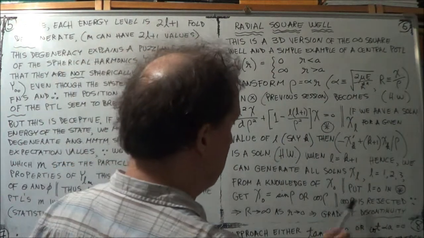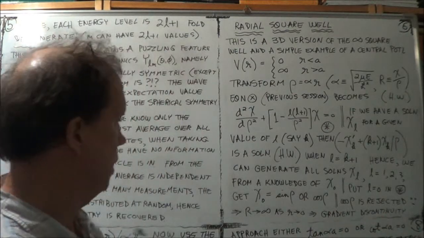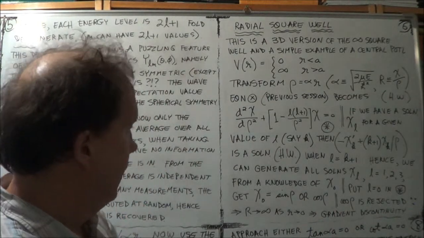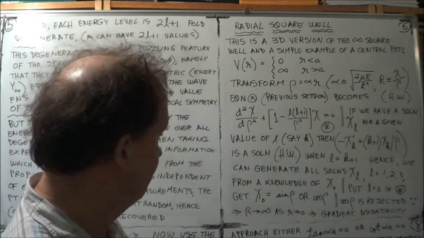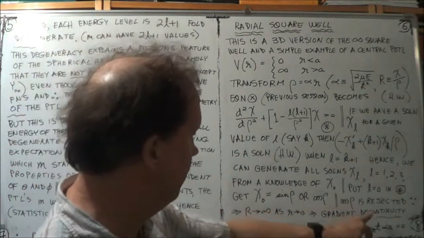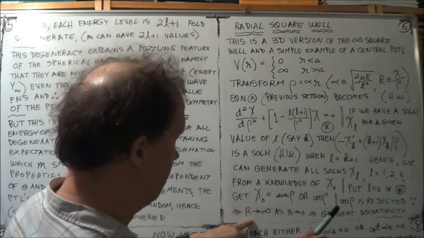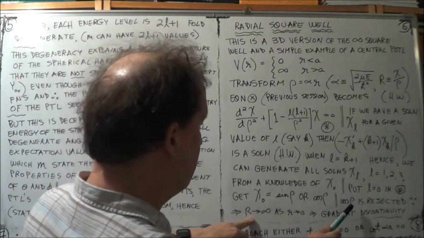So you reject cos rho. Why is that? Because it blows up. Is that right? Let me just check the reasoning here.